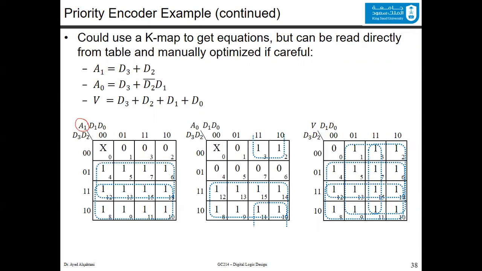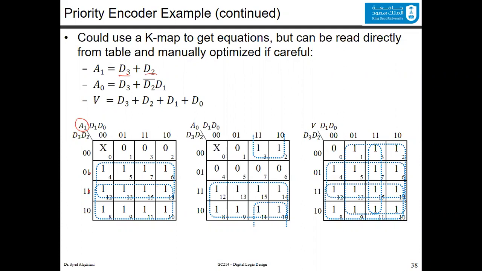So 1 in the next 4 minterms, 1, 1, 1, 1, and 1s in the next 8 minterms. And you can minimize it this way. This will be corresponding to D2, and this one will be corresponding to D3.